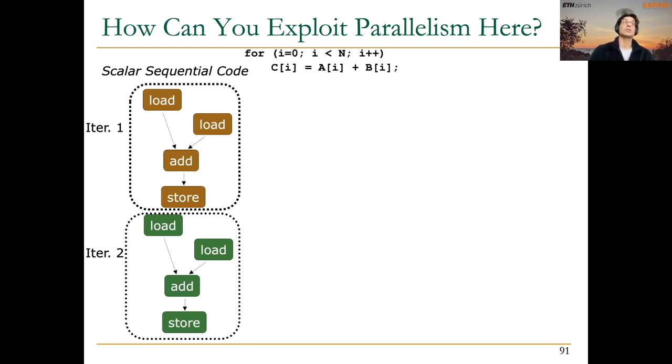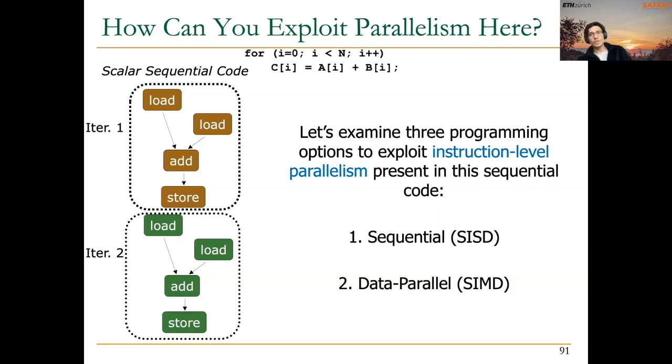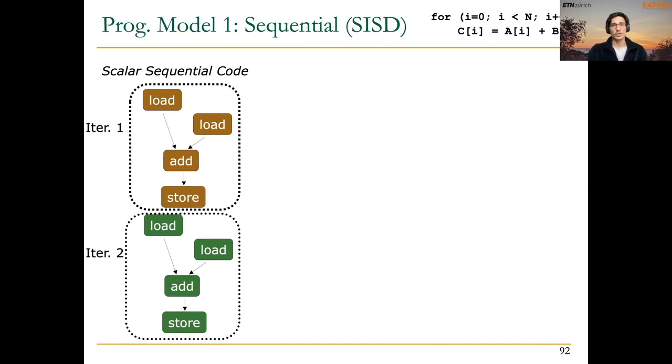Remember that in the scalar machine, we go iteration after iteration, first iteration 1, then iteration 2, and so on. And then we can have a processor that extracts instruction-level parallelism in some way. If it's completely sequential, then probably there is not much to do. But we could also write this code in a data parallel manner, or we could write it in a multi-threaded manner. So let's take a look at the first case.